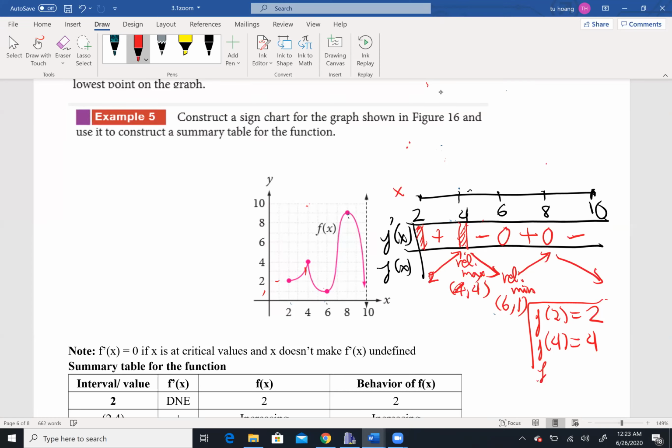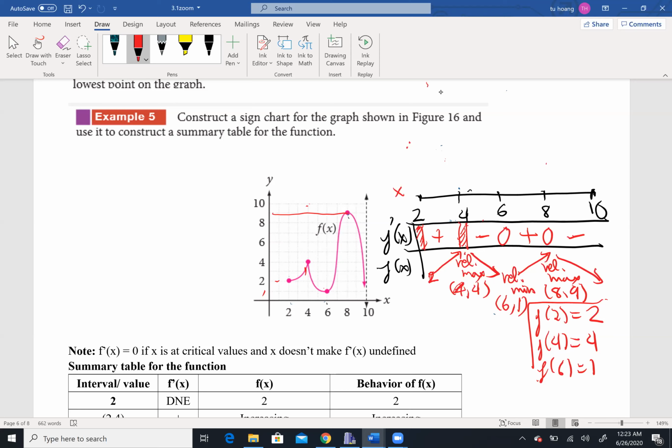So f of 6 equal to 1. And at x equal to 8, I have f of 8 will be equal to 9. See that? So I have here a relative max, and then it is 8 and 9.